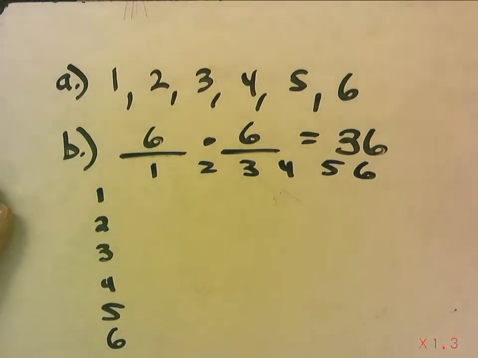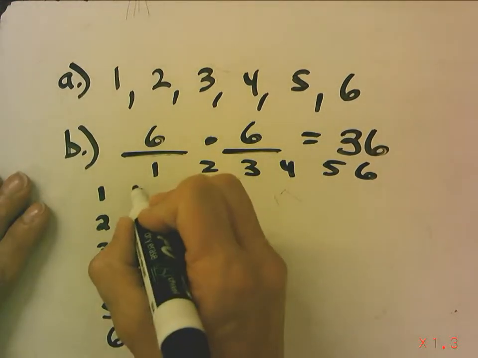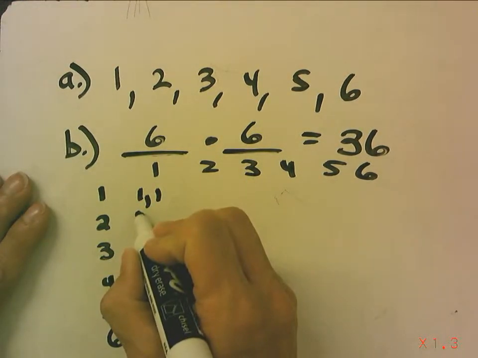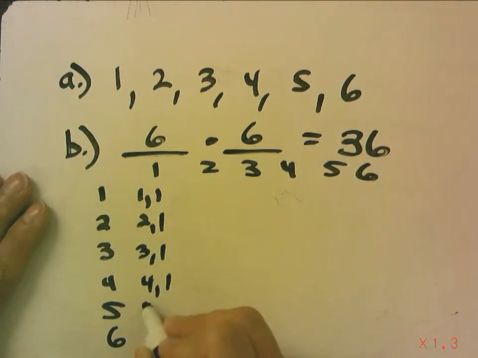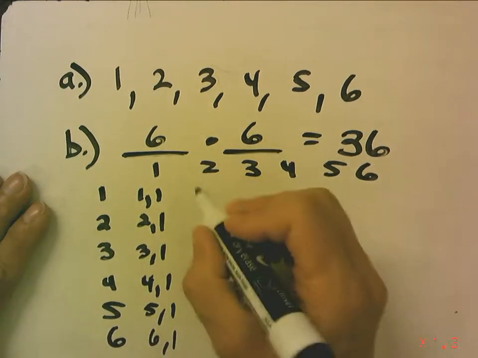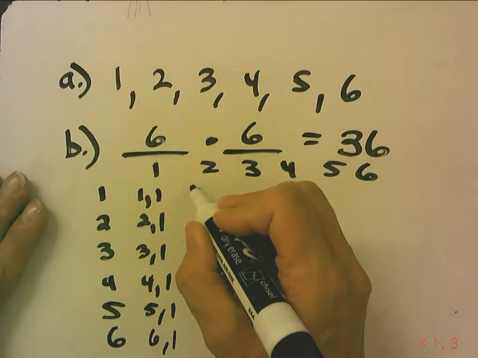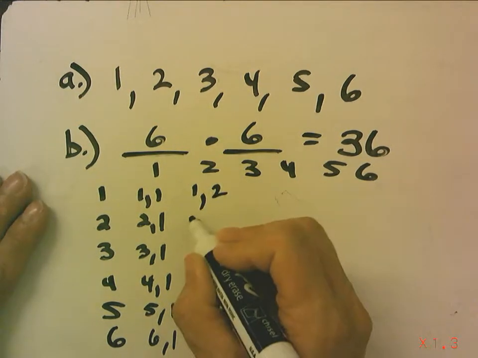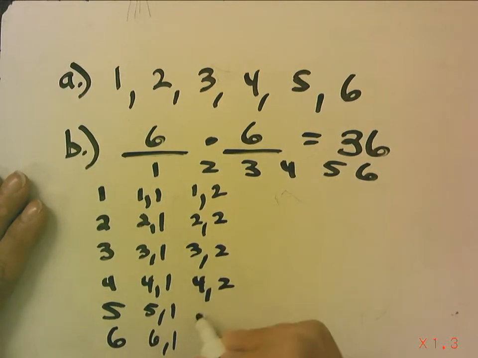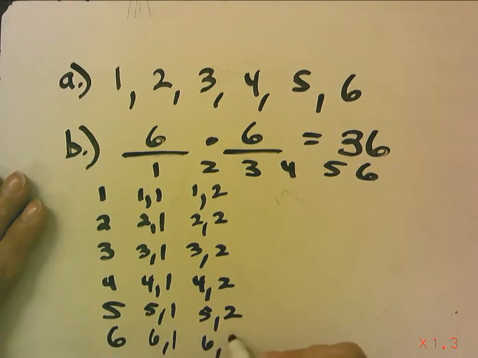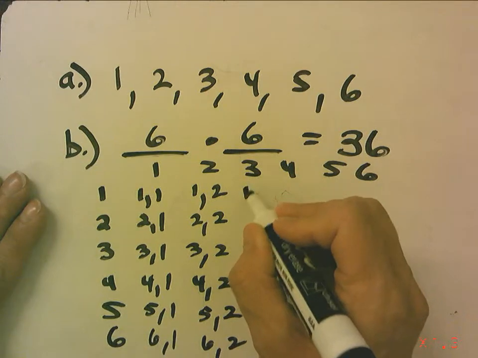So we put what we could get from each coin, and then if I roll a 1 and a 1, a 2 and a 1, a 3 and a 1, a 4 and a 1, a 5 and a 1, a 6 and a 1. Then I get a 1 and a 2, a 2 and a 2, a 3 and a 2, 4 and a 2, 5 and a 2, 6 and a 2. So you should fill this out.